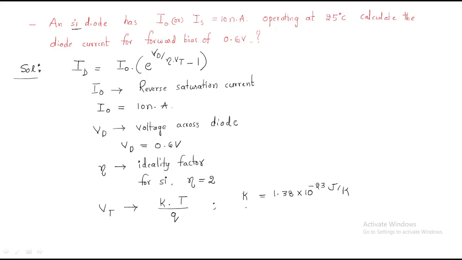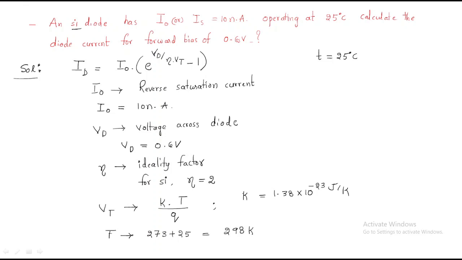From this, K is given, but what about T? T is the temperature. Temperature is generally given in degrees Celsius, small t, that is 25 degrees Celsius. We will find this temperature in kelvins, that is 273 plus 25 degrees Celsius. We can write this as 298 kelvins.